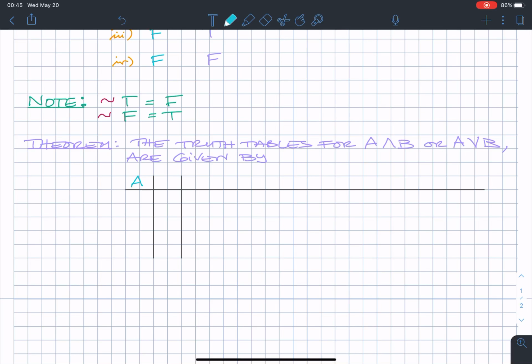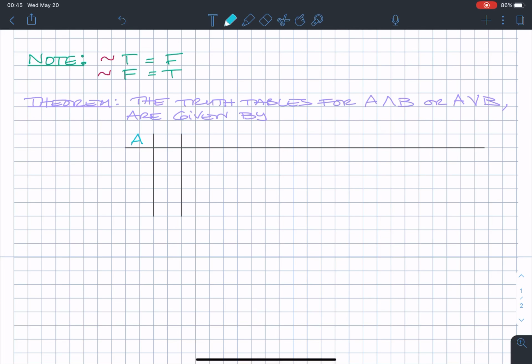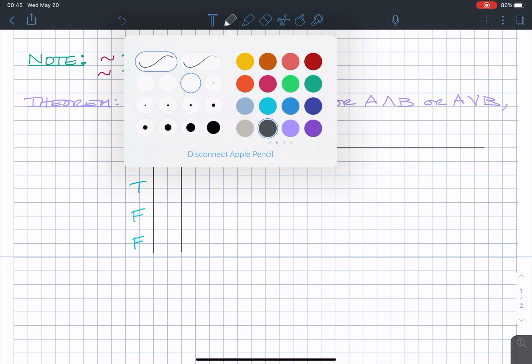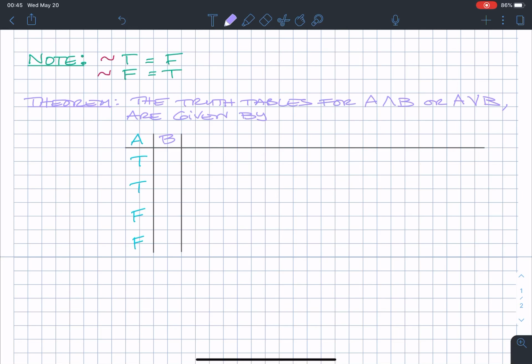Maybe I should move that up a bit. Okay, there we go. So I always start A true, true, false, false, and I always alternate B. So B is always true, false, true, false.